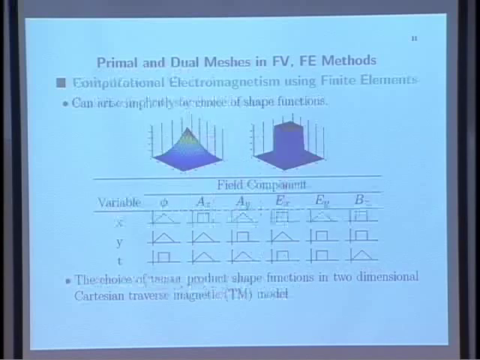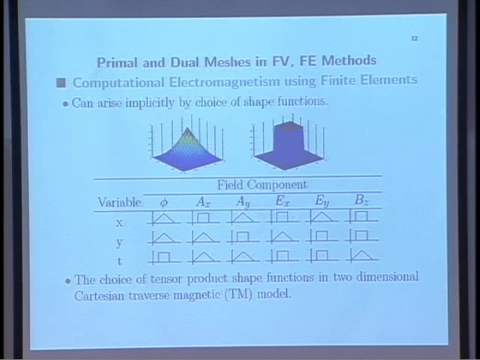At other times, these primal and dual things don't show up explicitly. You only have a primal mesh explicitly, but it shows up in the choice of shape functions. In the finite element setting, you have some sort of mesh, and then you approximate these fields over these objects by choices of finite dimensional function spaces, which are composed of, say, these hat maps or these characteristic functions.